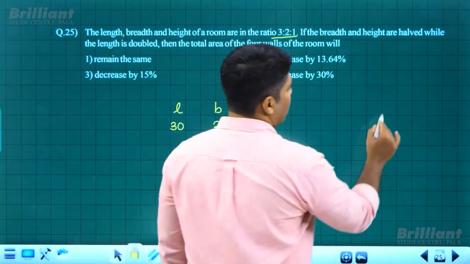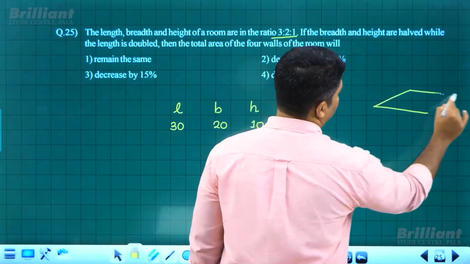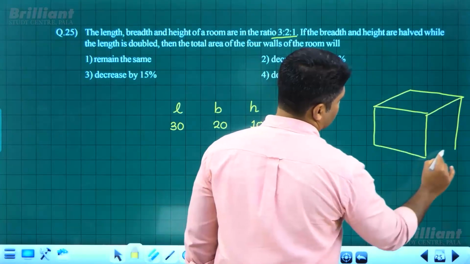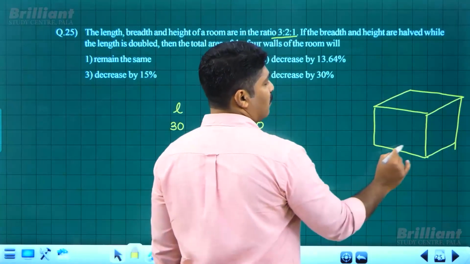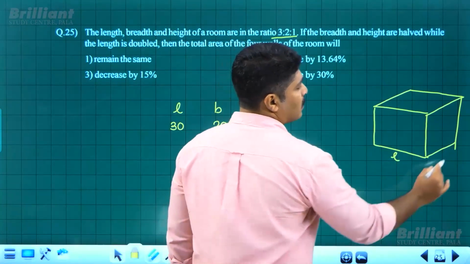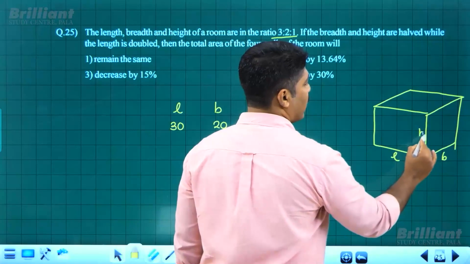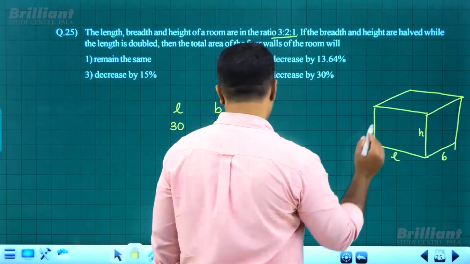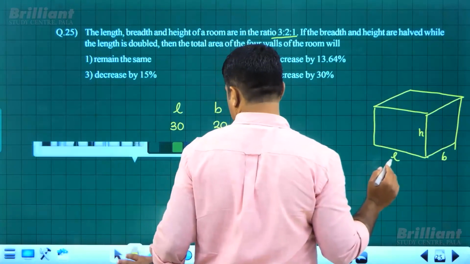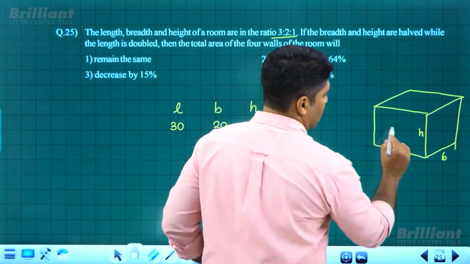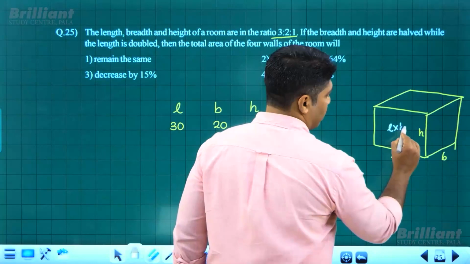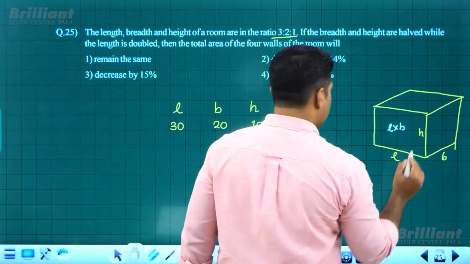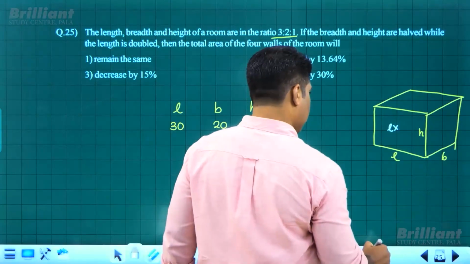Suppose you are considering a room in a cubical form, so here we just consider the measures. So this is length, this is breadth, this is height. So this face, its measure is nothing but length into breadth. And this face is length into height.